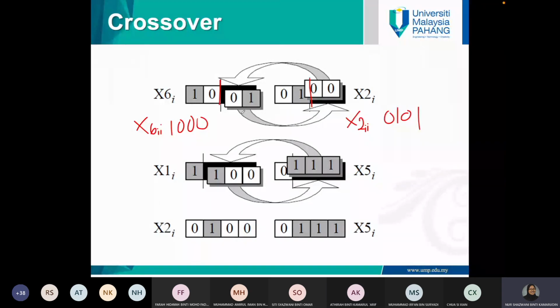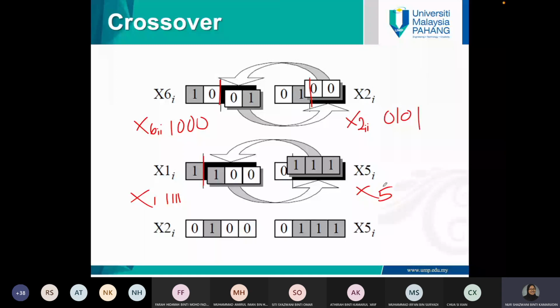And then how about you change x1 and x5? Okay, 1 point crossover. So the new x1 will be 1111, and the new x5, the new chromosome, that means we are creating the offspring right now, right?